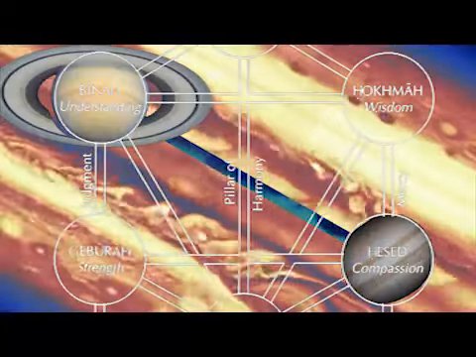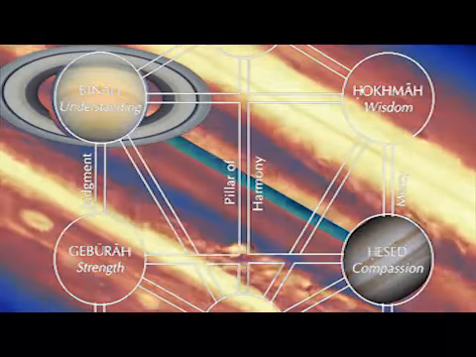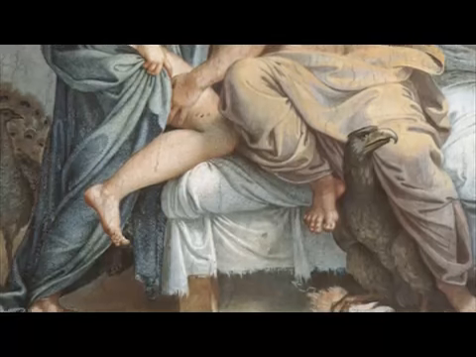Hera and Zeus, otherwise known as Jupiter and Juno, have a similar relationship to that of Aphrodite and Ares.